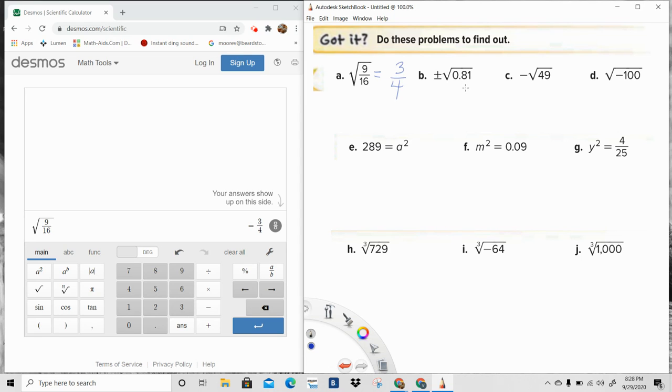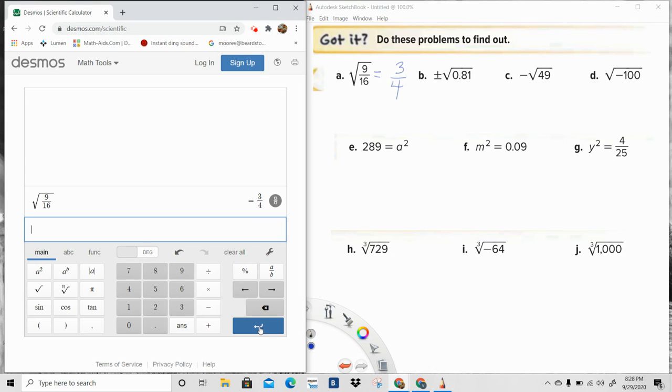Now, let's look at the next one. For B, it gives us 0.81 and asks us for the square root. So let's get a clear line here on our calculator. We're going to put in our decimal, 0.81. Oh, sorry, guys. I forgot to do my square root symbol first. So do your square root symbol first, 0.81.